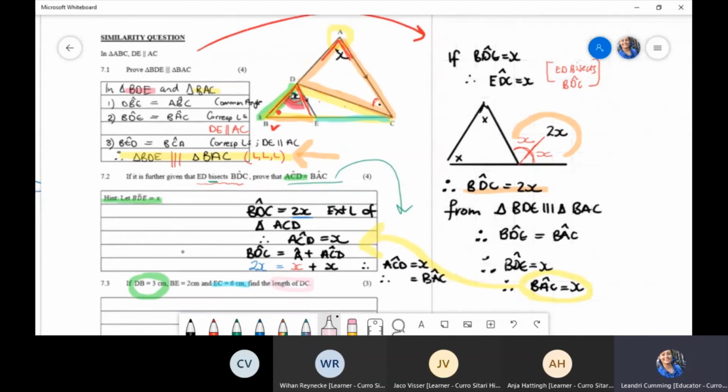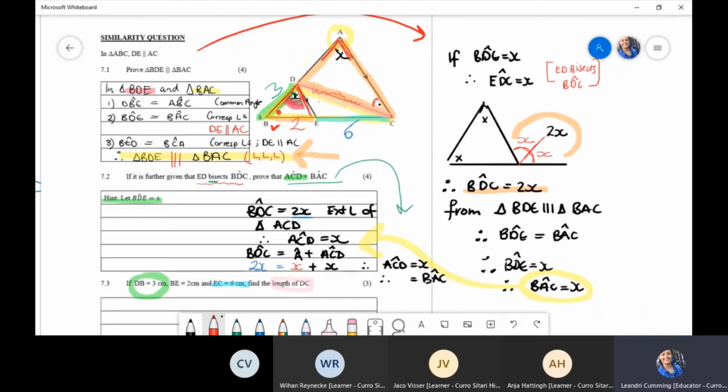The length of DC is this length right here. So if DB is 3, BE is 2 centimeters, and EC is 6 centimeters, we need to find the length of DC, this length here.